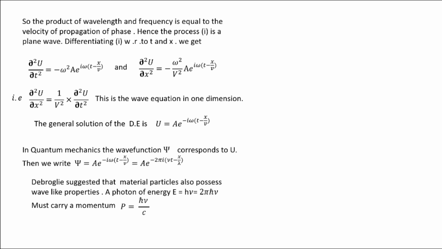So it is your homework from this stage to get the Schrodinger wave equation for one dimension. I hope that all of you will try to get the Schrodinger one-dimensional wave equation for free particles.